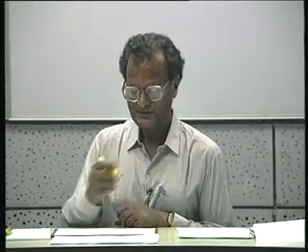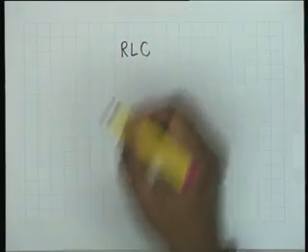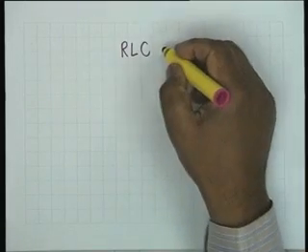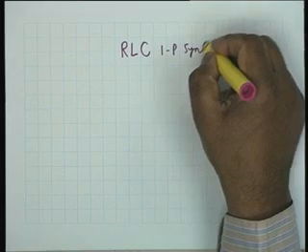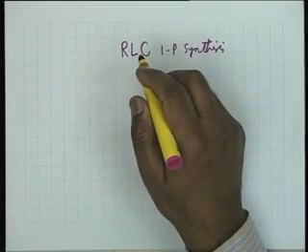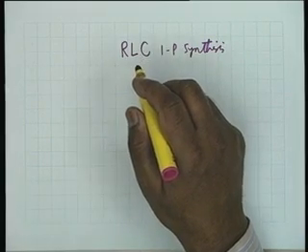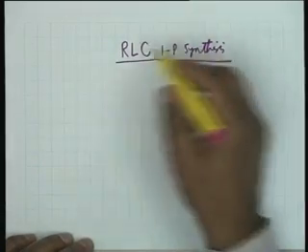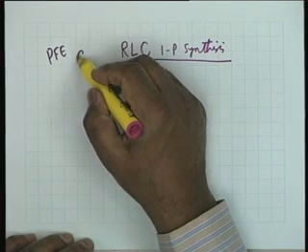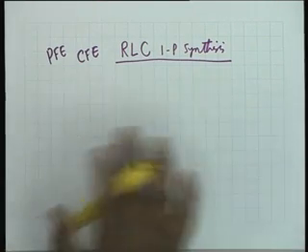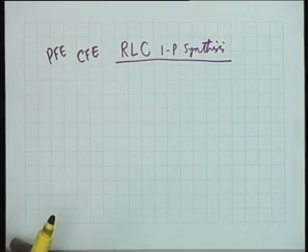Can we go to an introduction to RLC? That is, if all the three elements are there, then what do you do? In general, RLC one port synthesis. In general, it has been found, very unfortunately, that the partial fraction expansion and continued fraction expansion, which works so beautifully for RC, RL and LC networks, doesn't in general work for RLC.